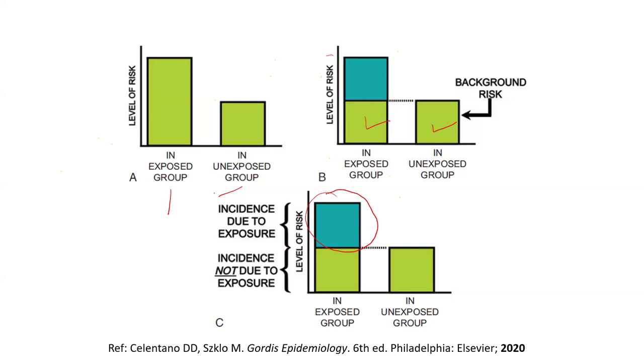This is known as attributable risk. Whatever outcome in the unexposed is there, you consider as background risk, and you subtract it, and whatever remains is the risk which is attributed to the exposure in those who are exposed.